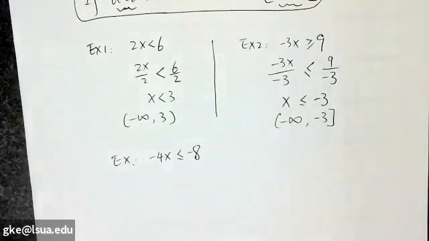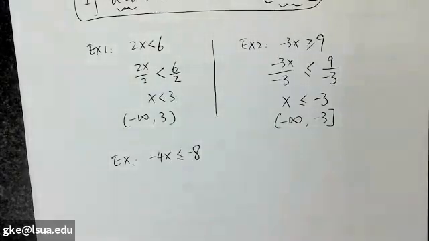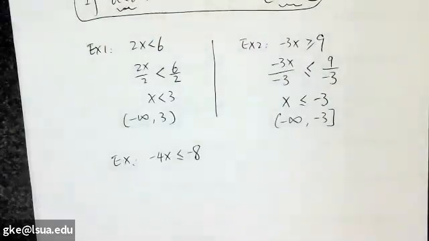Two to infinity. Yeah, 2 is included. Is 2 included or not? Square bracket on the 2. Yeah, good job. You did a fantastic job. You learned some stuff from me today. Great.